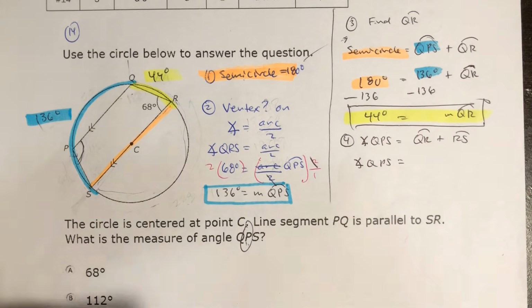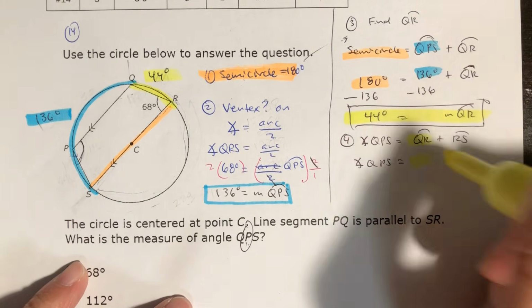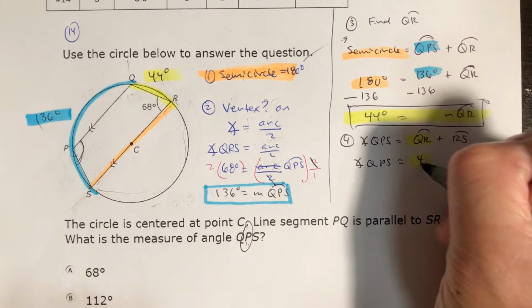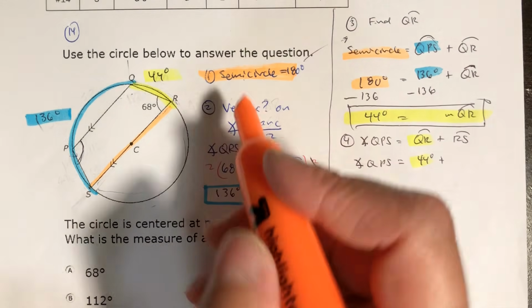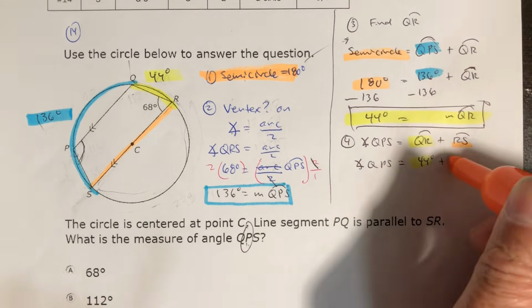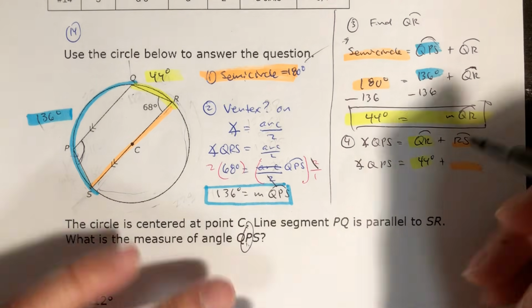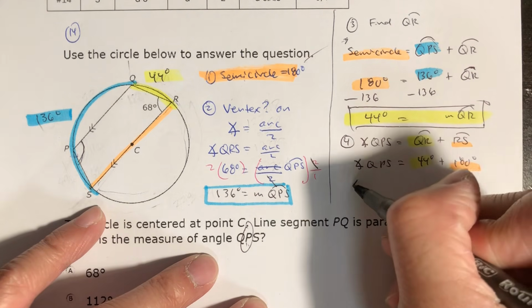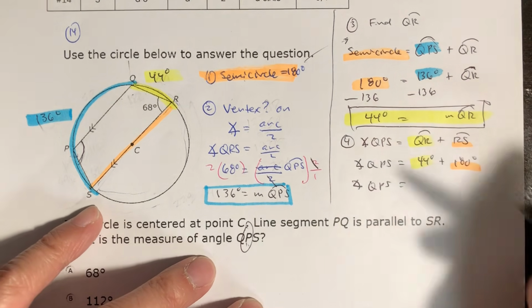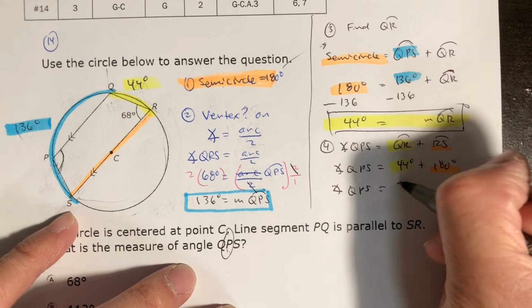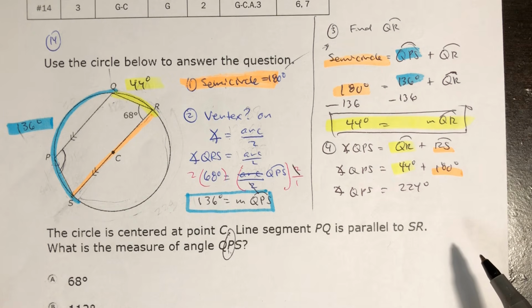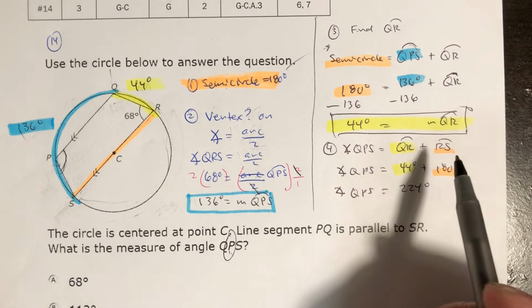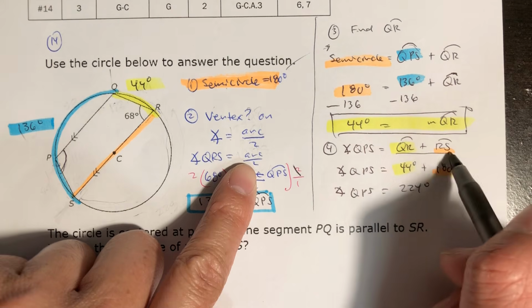QR is yellow, so this will be 44. And then RS represents a semicircle, which is 180 degrees. So then angle QPS equals 224 degrees. And I forgot in my formula it's divided by 2, right? The whole arc.